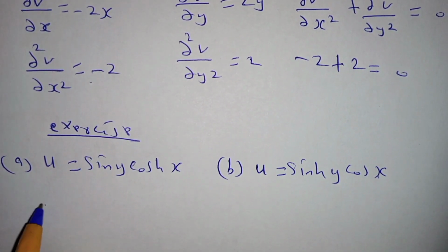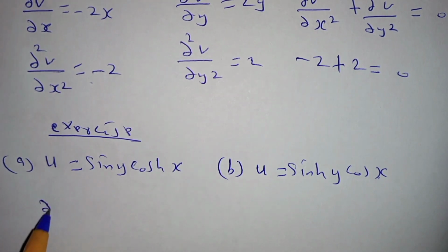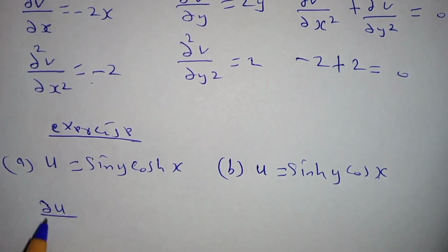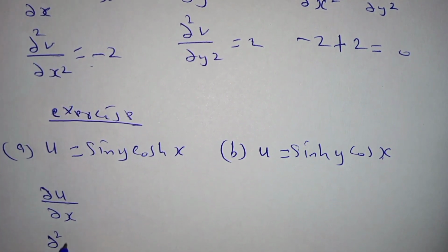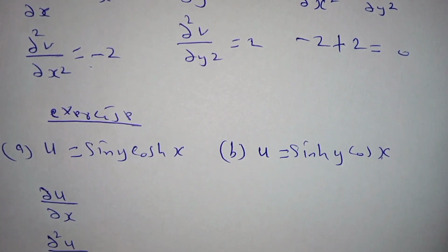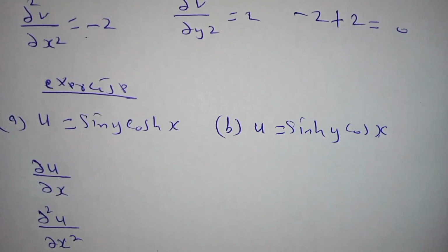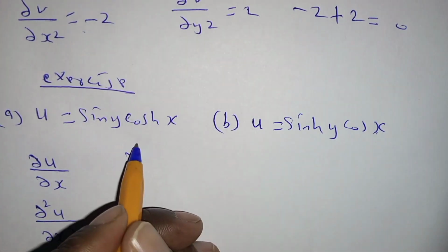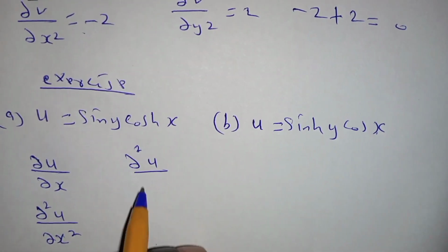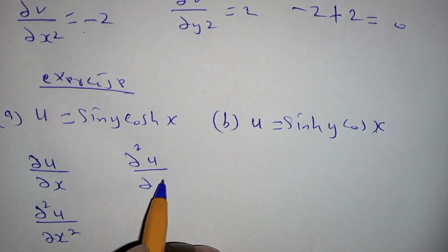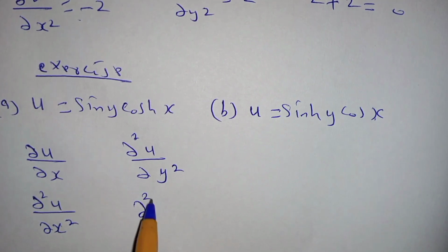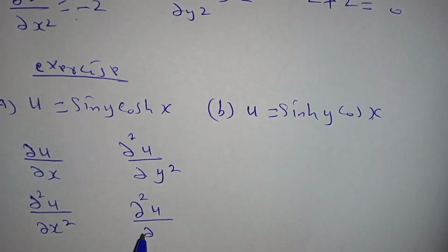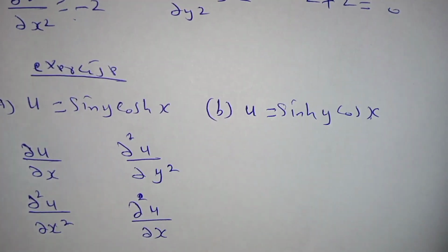In it, you are going to get the partial derivative of u with respect to x. You also get the second derivative of u with respect to x. And also you get the partial derivative of u with respect to y, together with the second partial derivative of u with respect to x.